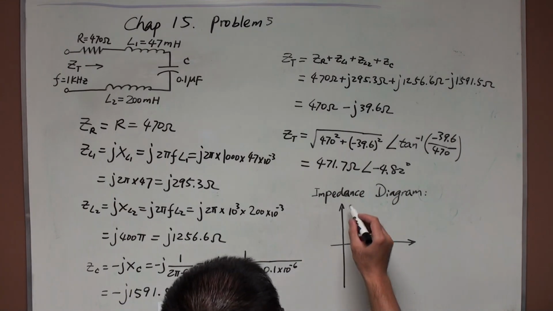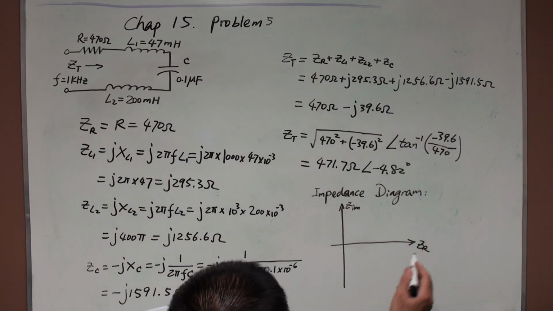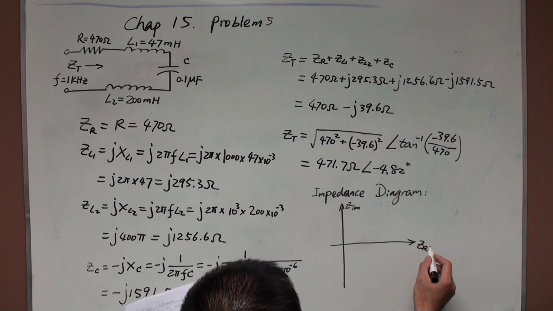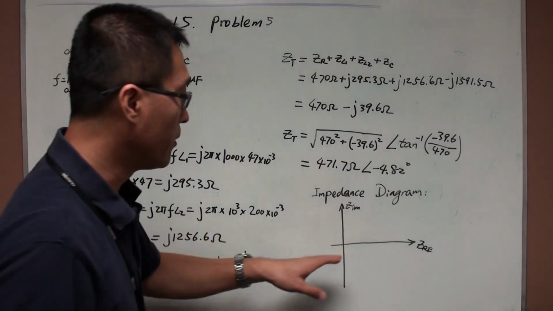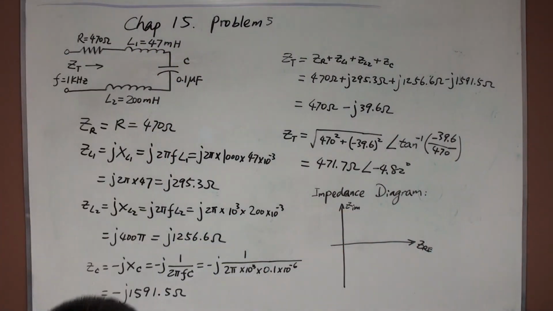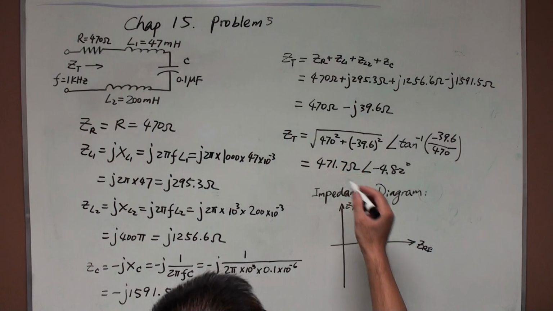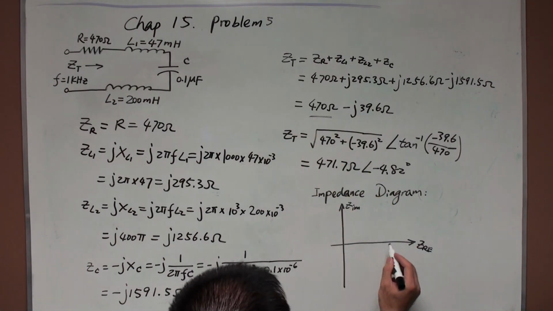Okay. So this is Z, IM, and Z, RE. Okay. We use RE for the real and IM for imaginary. Okay. All right. So for this case, the real part is 470.